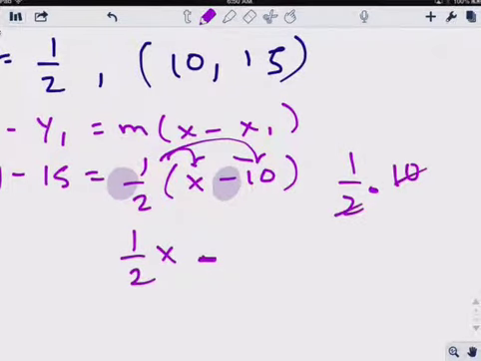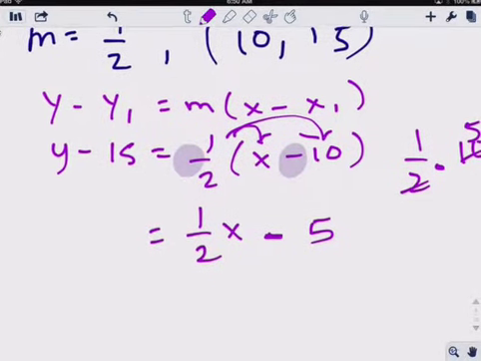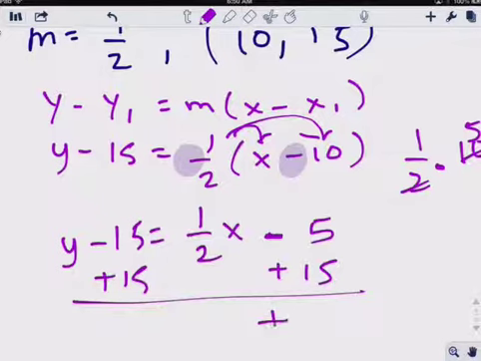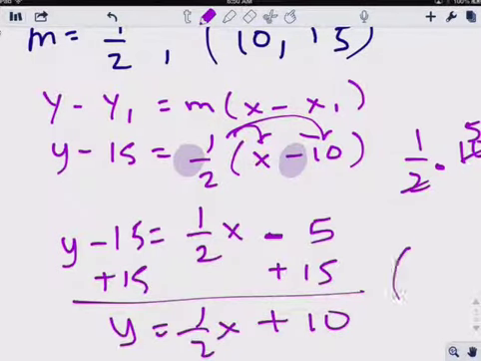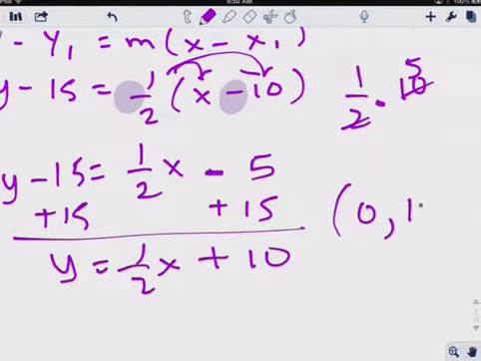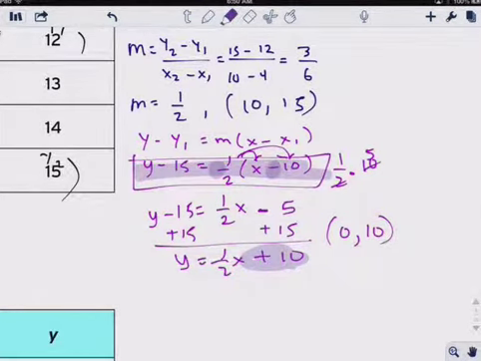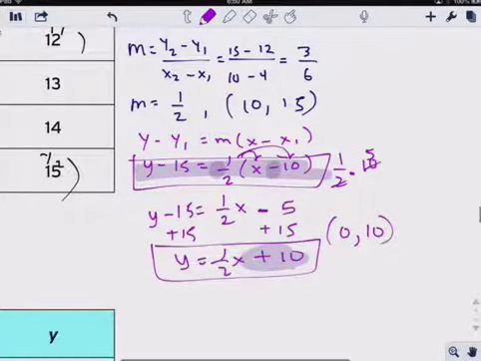Cross cancel, 5. So that's a 5 there. Y minus 15. Add 15, add 15. It's a positive 10. 1/2 x plus 10 equals y. So my y-intercept is 0, 10. This is your y-intercept. Point slope and slope-intercept.